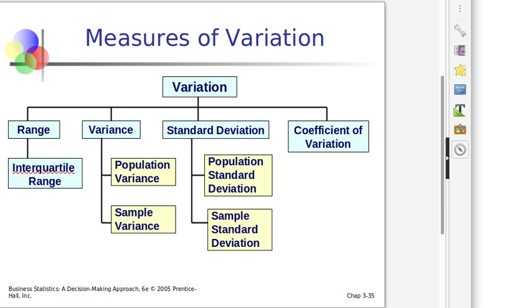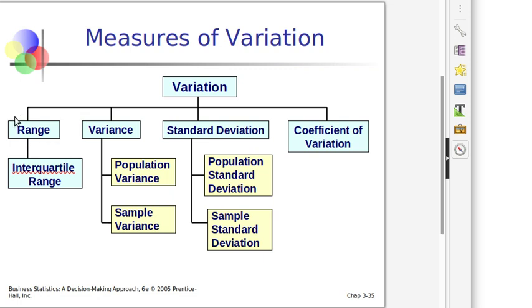Let's go now to measures of variation. Measures of variation show how data varies from the mean of the data set, the center. There are different measures: one is range, another is variance, another is standard deviation, and fourth is coefficient of variation.